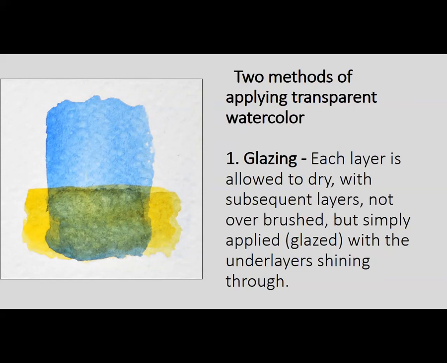You take your brush and start at the top and go to the bottom, and then you don't brush anymore. Then with the yellow, you brush all the way across, and you don't brush back and forth. That way you blend the two colors, but you maintain the cleanness, the purity of your other colors, and those underlayers shine through.